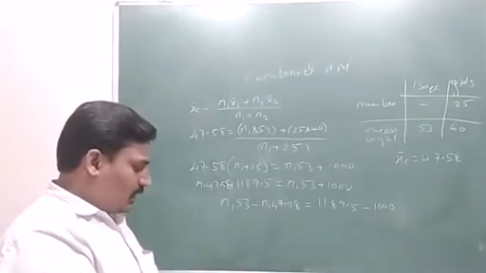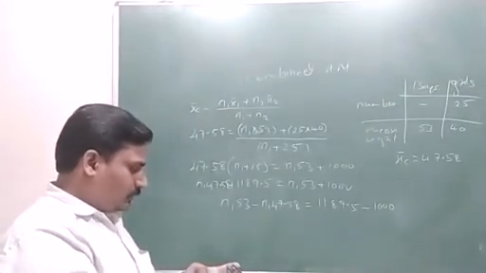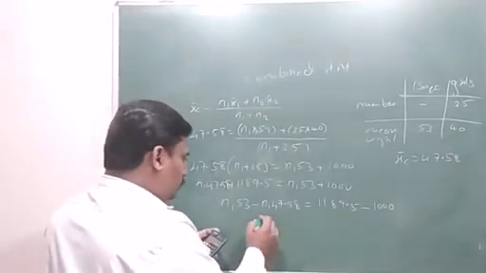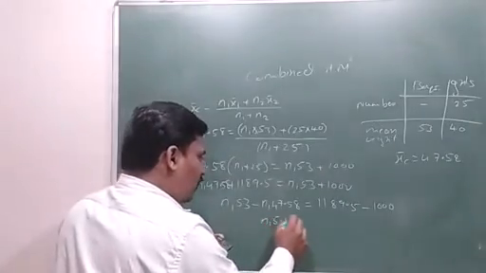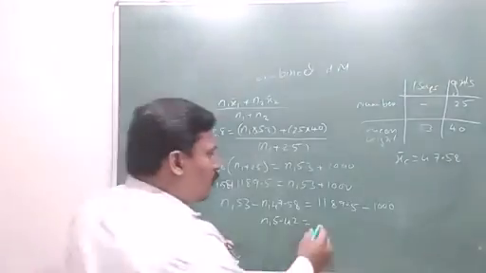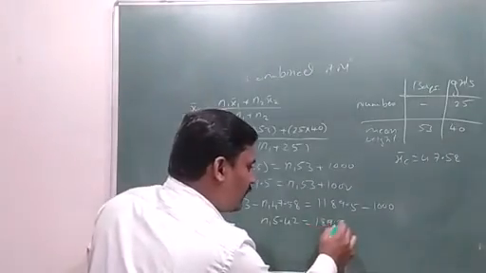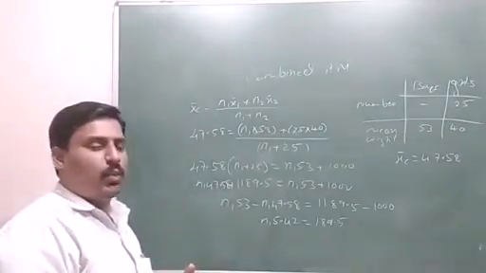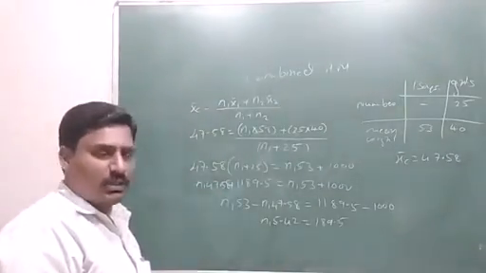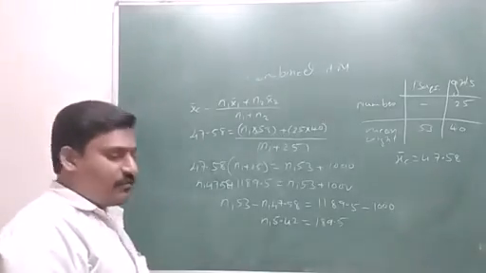So 53 minus 47.58 is 5.42, so n1 into 5.42 is equal to 189.5. That is the difference, 1189.5 minus 1000 is 189.5.